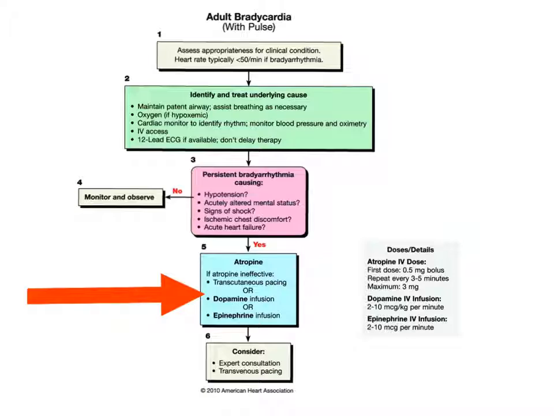So in your cookbook, as you worked down the list, it was atropine, then pacing, then if pacing didn't work or wasn't available or was going to be delayed, you tried an infusion of dopamine or epinephrine. Now in the 2010 guidelines, they've moved the dopamine and epinephrine drips up to equal status with transcutaneous pacing. So it's important when you read this algorithm that you don't assume that because they're listed in order, pacing is better. ACLS is telling us that pacing is equivalent to a dopamine or an epinephrine infusion.